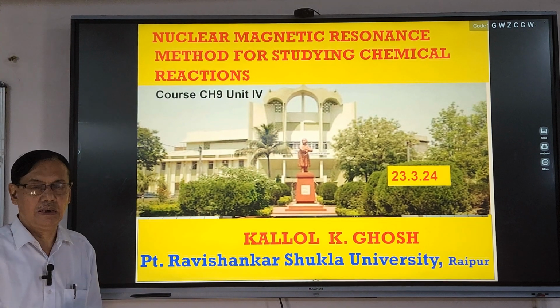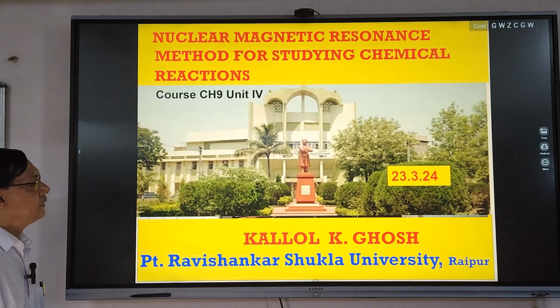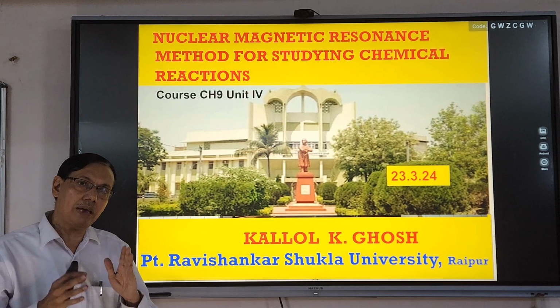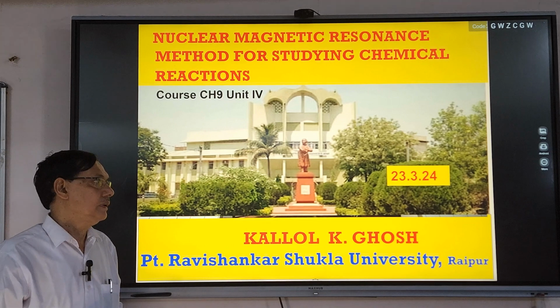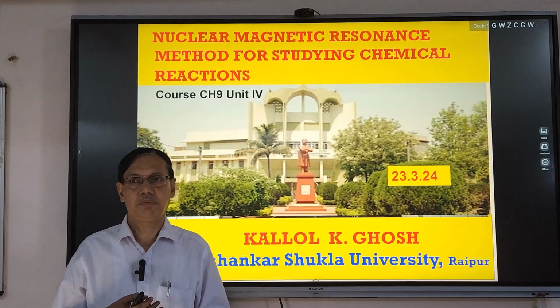Yesterday, I had discussed the fundamentals of NMR spectroscopy. Today, I will concentrate only on some chemical reactions. And you all know that there are two types of chemical reactions.